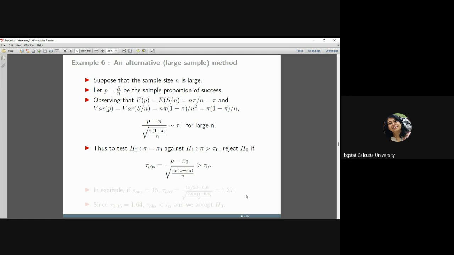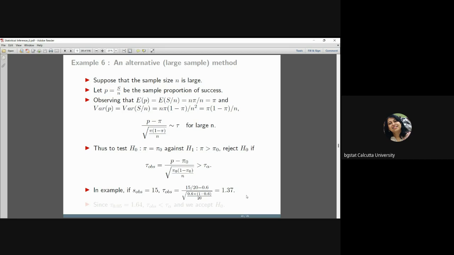It will be the standard normal under the null hypothesis. Because under the alternative, my pi is greater than pi naught, I will derive the critical value as I would for a right-tailed normal test, which means that I will reject H naught if tau observed is greater than my tau alpha.